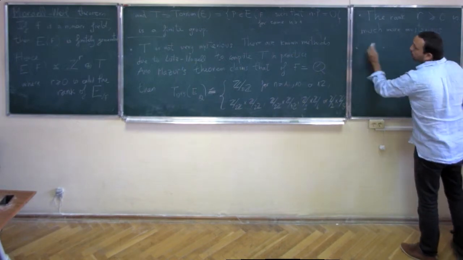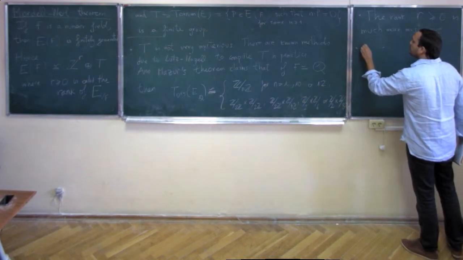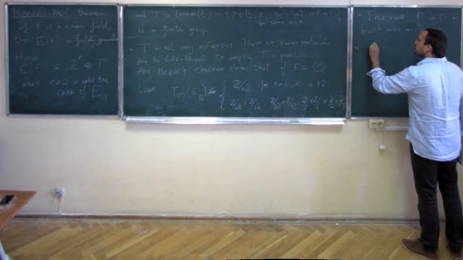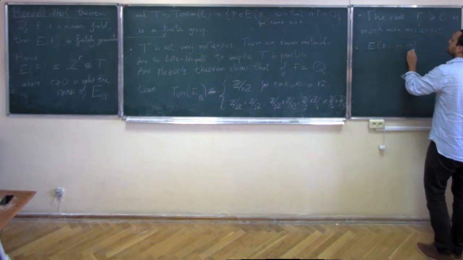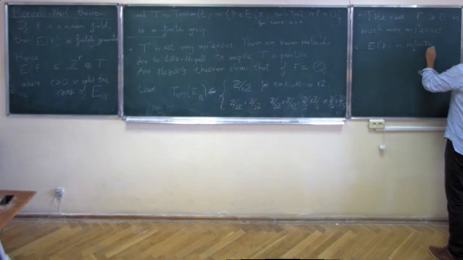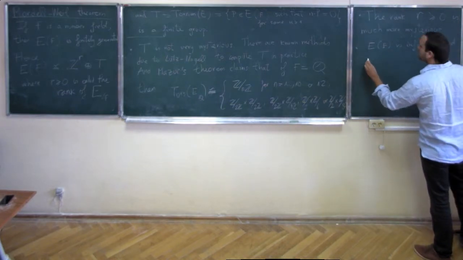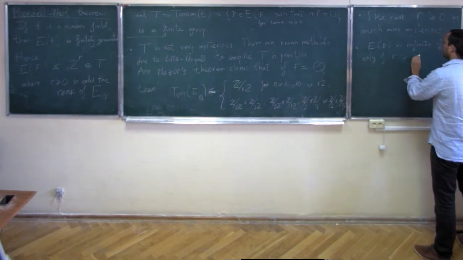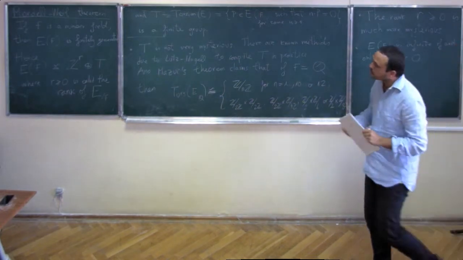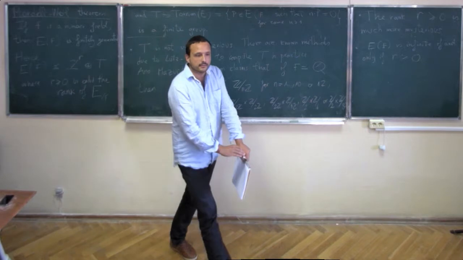Note as a trivial observation that the set of points is infinite if and only if the rank is positive. When the rank is positive, there is this one generating point, and therefore there are infinitely many points here.